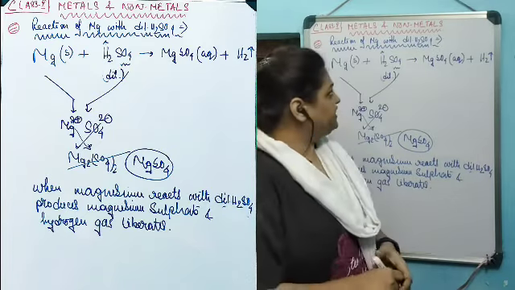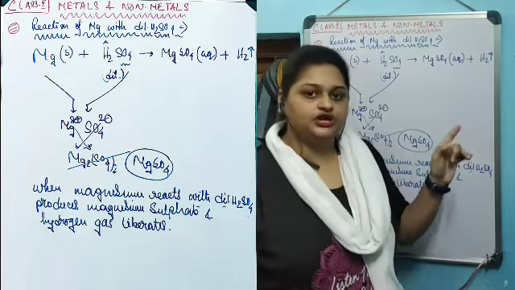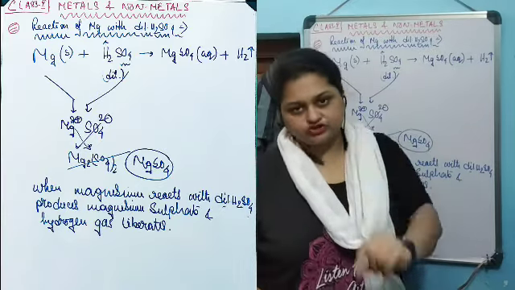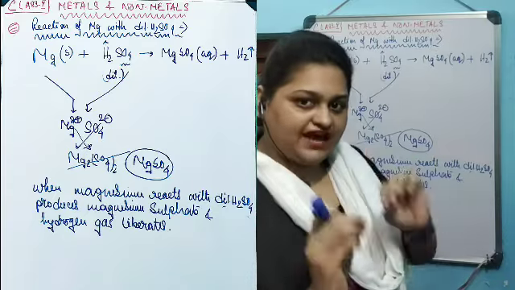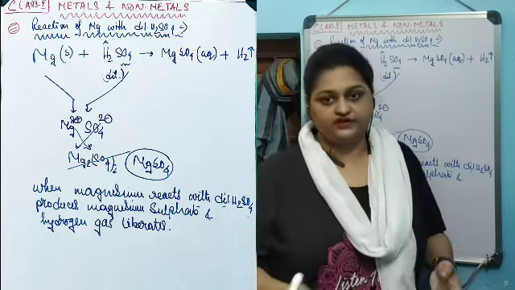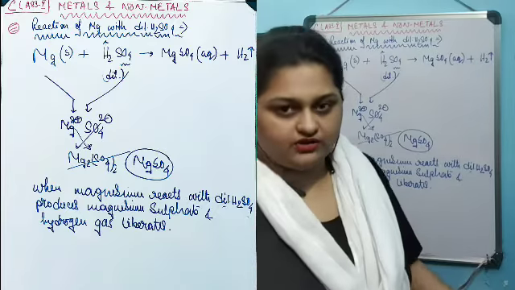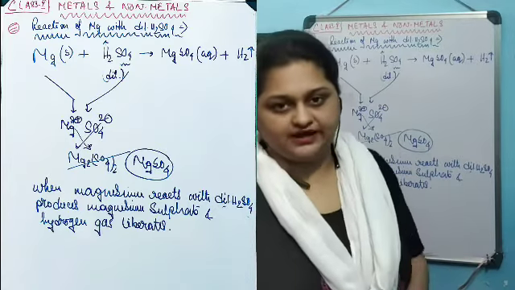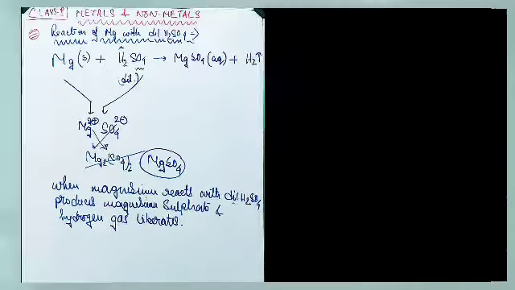This is the chemical reaction that happens when magnesium, instead of dilute HCl, reacts with dilute H2SO4. It produces the sulfate salt of magnesium, that is magnesium sulfate, MgSO4, in the aqueous reaction medium, and hydrogen gas liberates along with the magnesium sulfate.